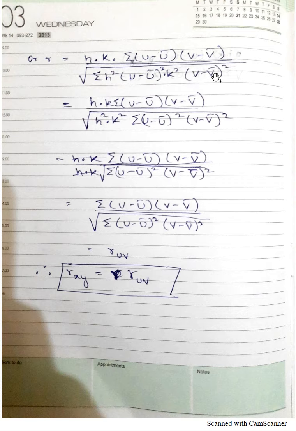We are taking h and k outside the square sign. Now since h and k again here are constant, we can take it out of the summation sign.